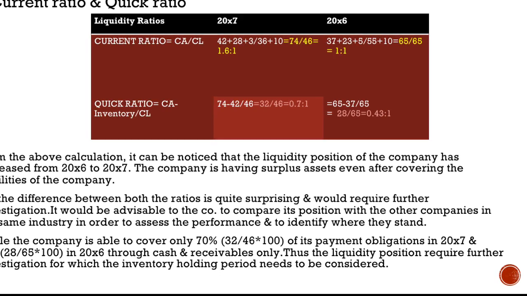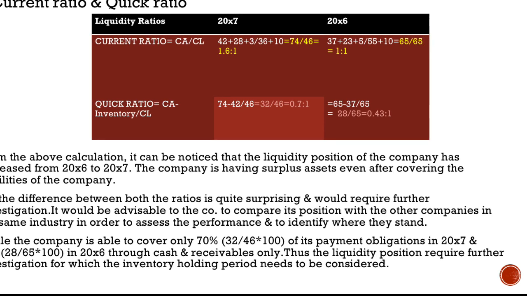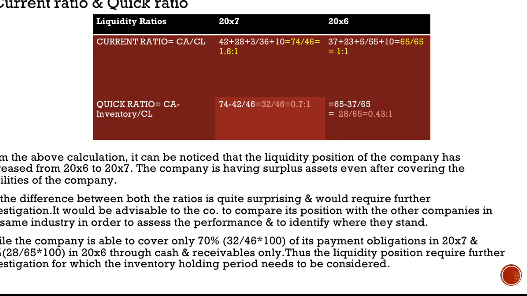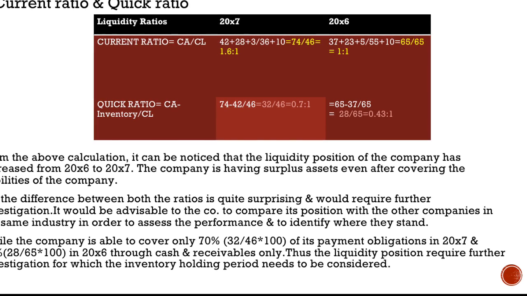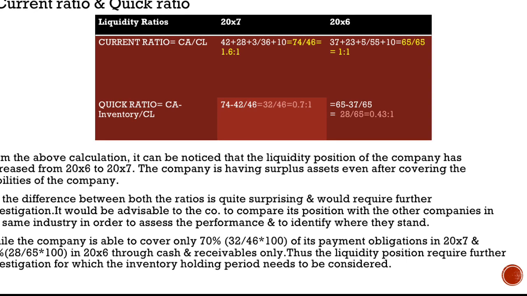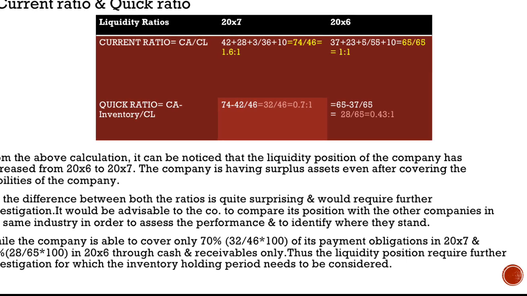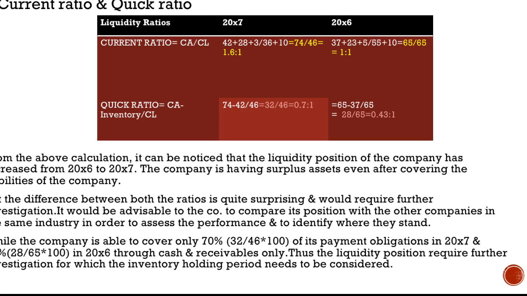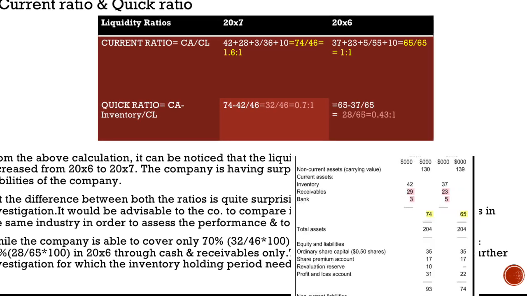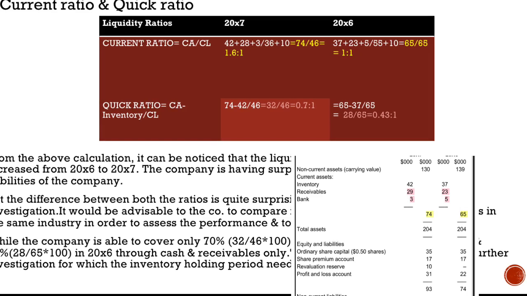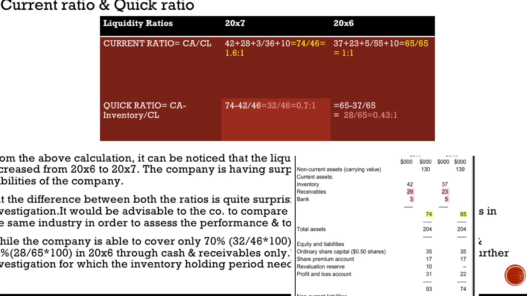Next we'll be calculating quick ratio, and here we will not include inventories while calculating. So the current assets will be excluding inventory, that is current assets minus inventory divided by current liability. So here under 2006, 65 will be the total of current assets, and we will deduct 37.